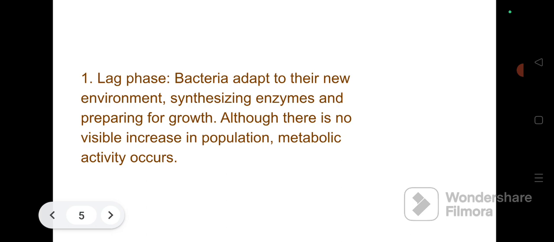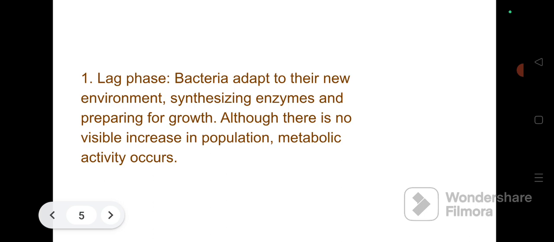The bacteria have to produce enzymes by which they can degrade the nutrients present in the new environment. So for that purpose, they have to adapt to that environment. They have to start synthesizing those enzymes and molecules which will be required to utilize the nutrients available in the new environment.